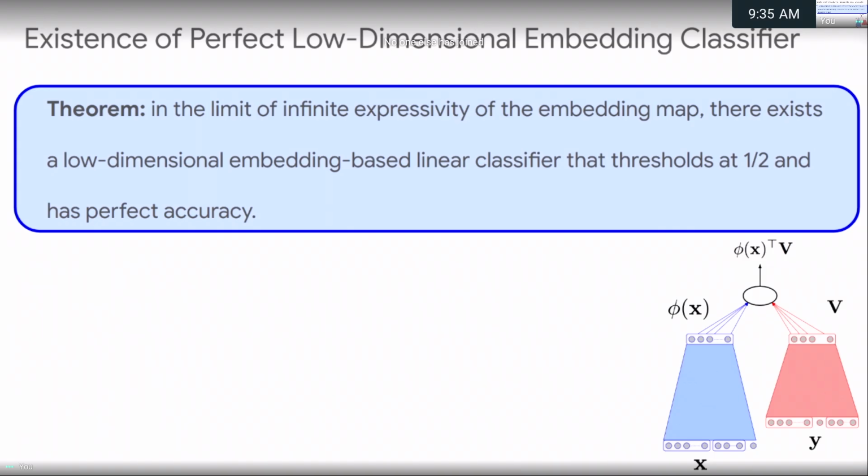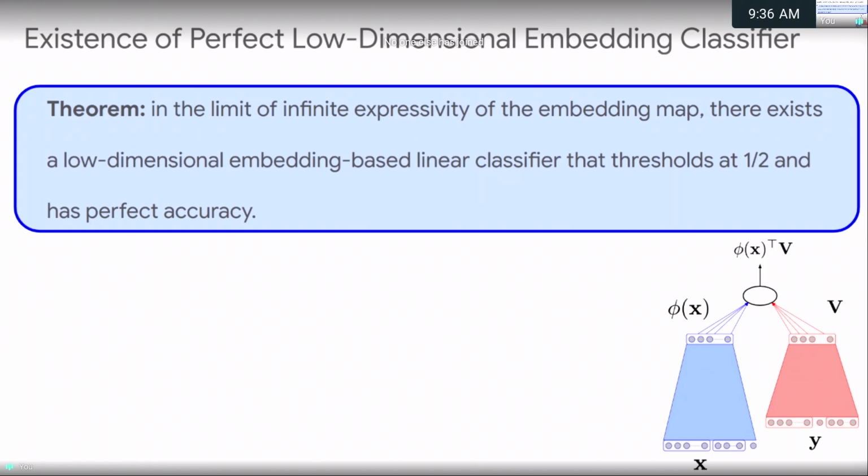Okay, so we have a theoretical result. I'm not going to go into the details of it, but basically what we were able to show was that in the limit of infinite expressivity of our embedding map, we have a low-dimensional embedding-based linear classifier that thresholds at half.